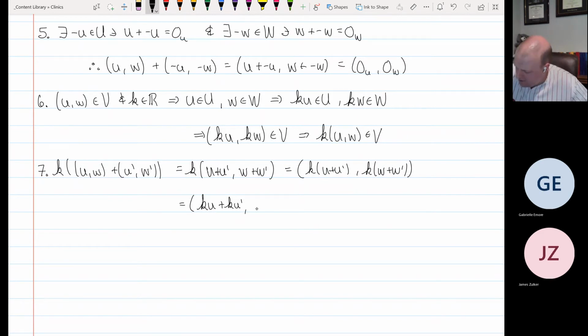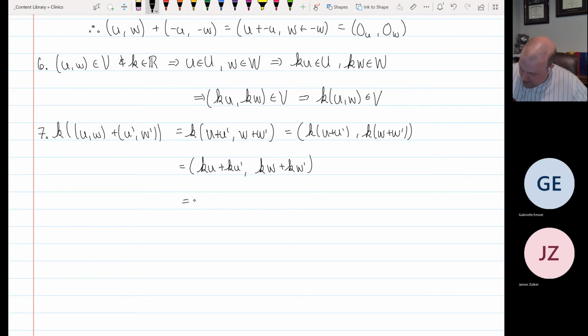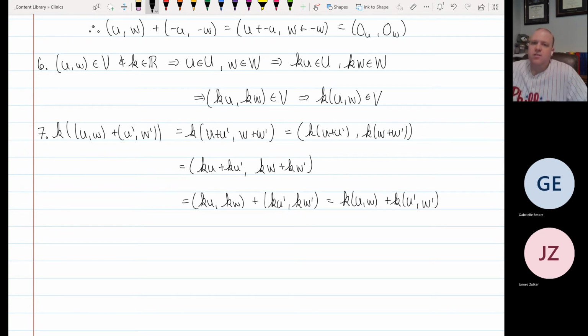W is also a vector space, so we know that that's going to distribute. Well, this is the definition of KU, KW plus KU prime, KW prime, which would be the definition of K times U, W plus K times U prime, W prime. So that axiom has now been satisfied.